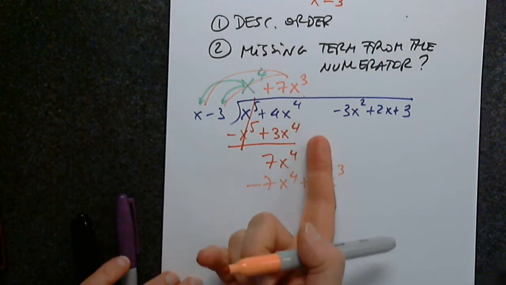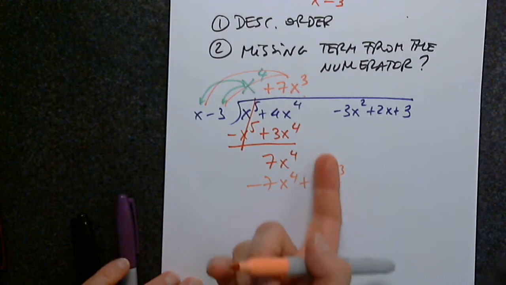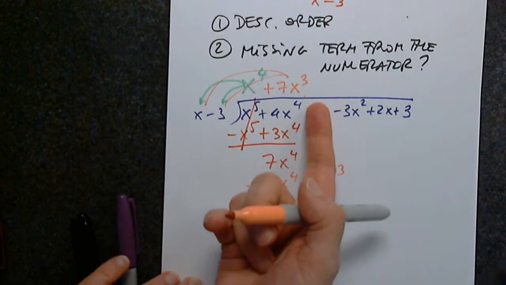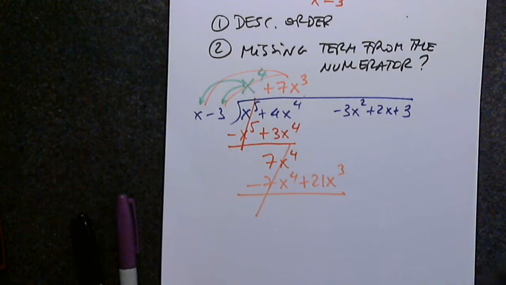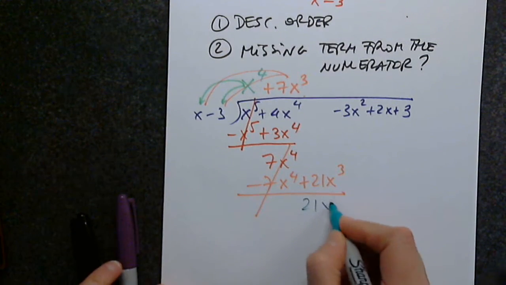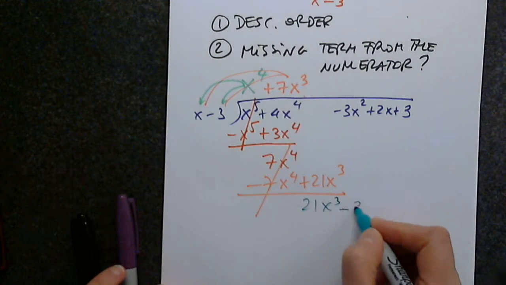See, I could have not written it under anything because it's under the missing term. These two go away. Copy 21x cubed and bring down the next in line.